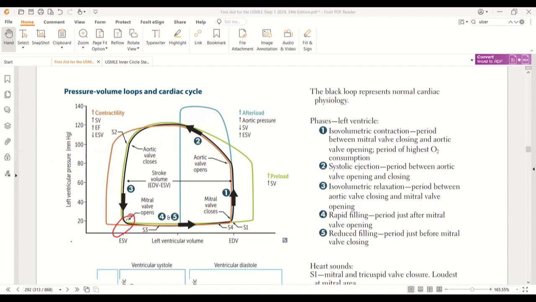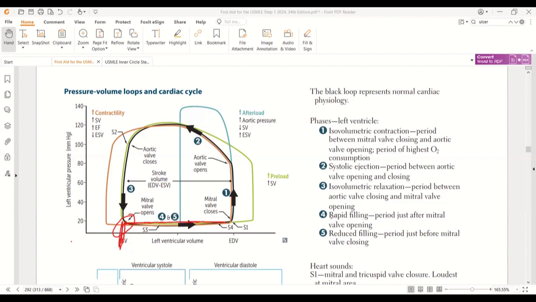From this point the ventricle volume is less, but with the passage of time, the volume of the ventricle is increased, because of filling of the ventricle.